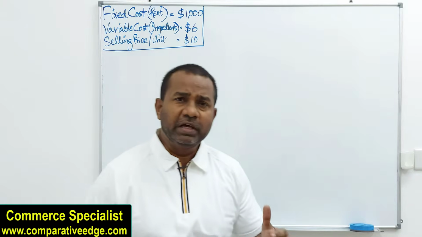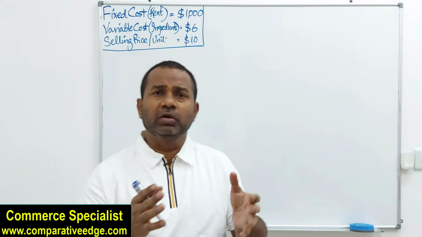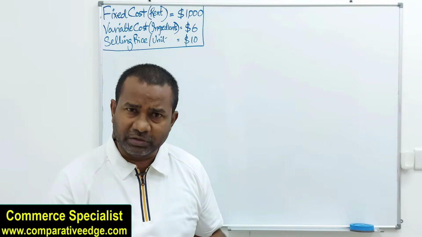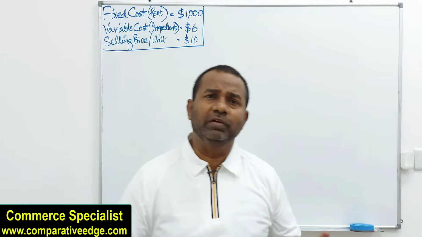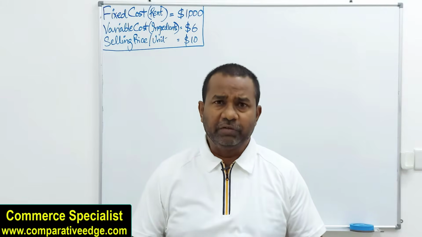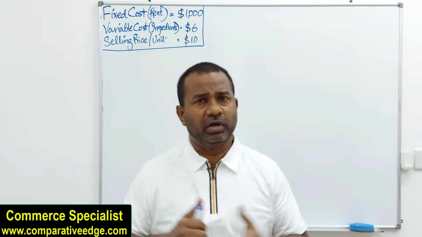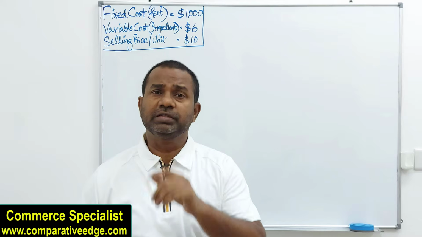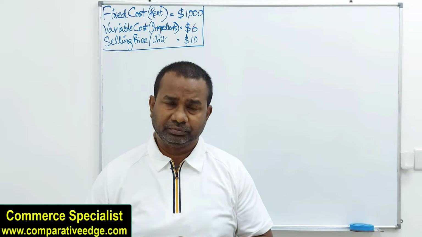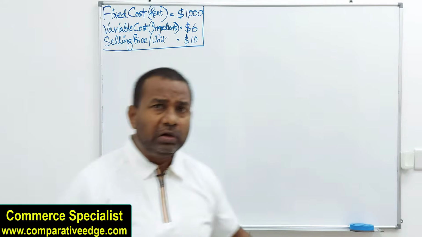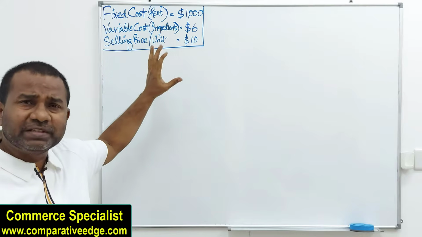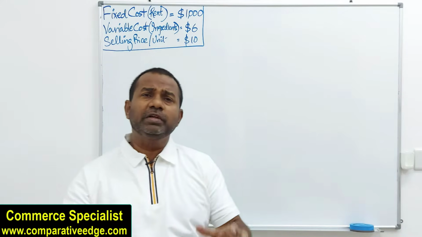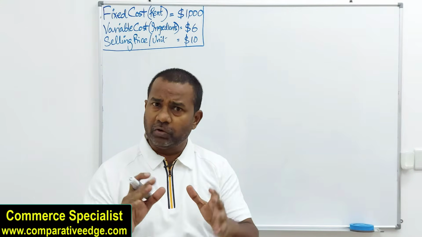Because it varies. If I'm making one chicken roll, the cost of one chicken roll is $6. If I'm making two, it's 12. And this is how it goes up. If I'm not making anything, there is no variable cost. But fixed cost is still to be paid. Now, looking at this small and simple example, ladies and gentlemen, there are so many things which we are going to learn today.